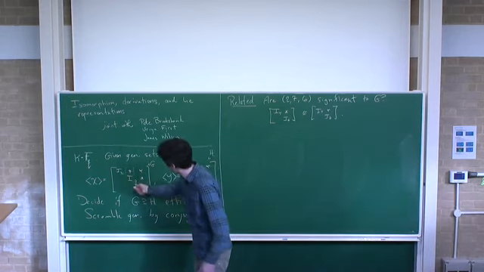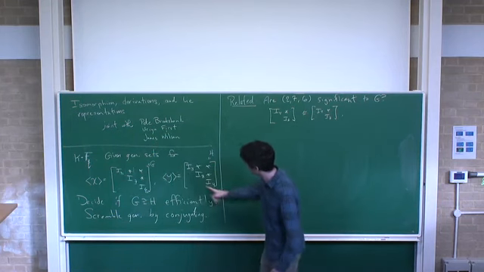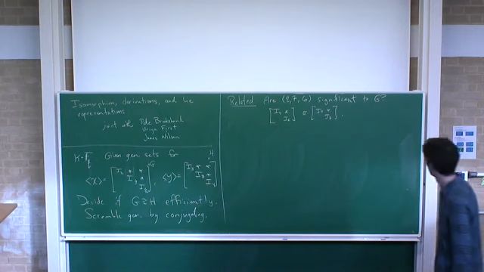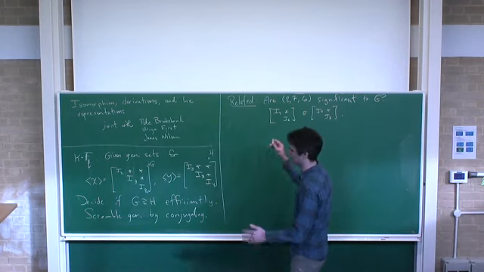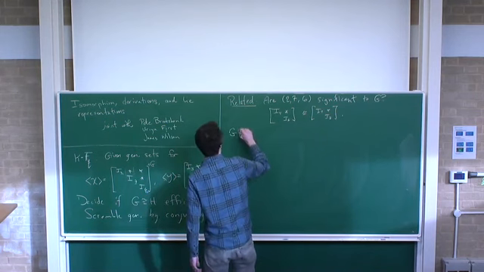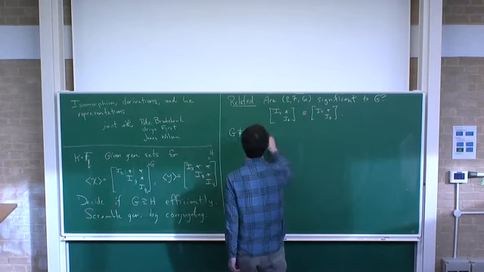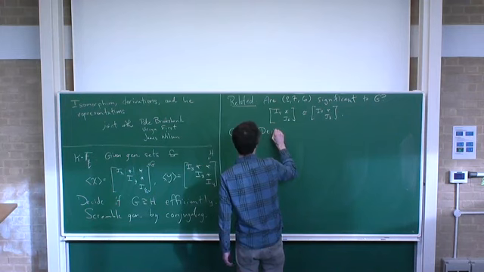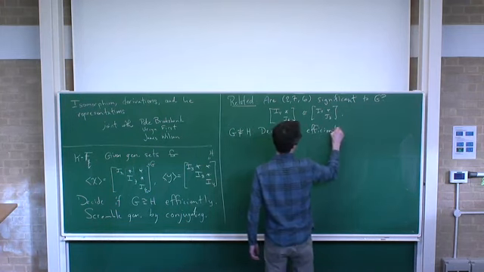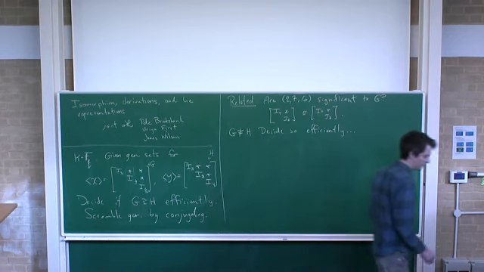So if these three integers were significant, then of course these two groups wouldn't be isomorphic. Okay, just a spoiler, these two groups are not isomorphic. G is actually not isomorphic to H. Decide so efficiently. That's really the task.